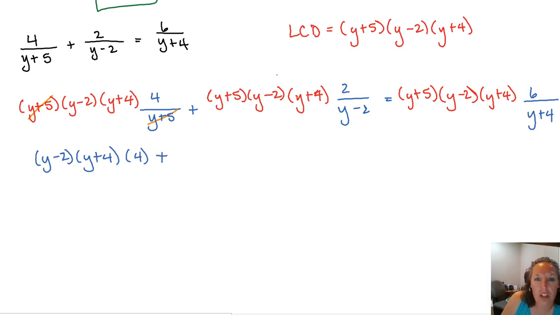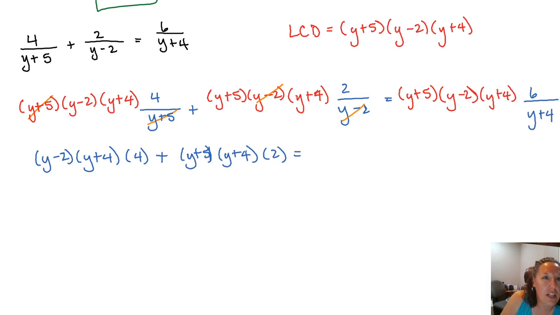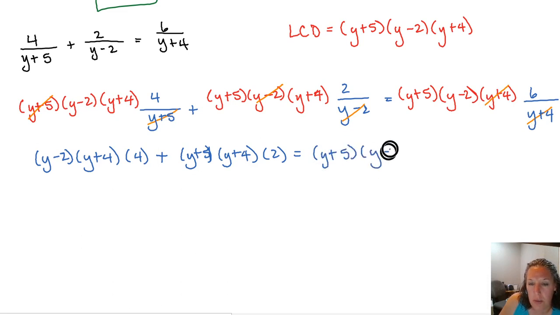On our second fraction, our y minus 2 is going to divide out. So we get y plus 5 times y plus 4 times the 2 from the numerator. And then our last one, our y plus 4 is going to divide out, and we are left with y plus 5 times y minus 2 times 6.